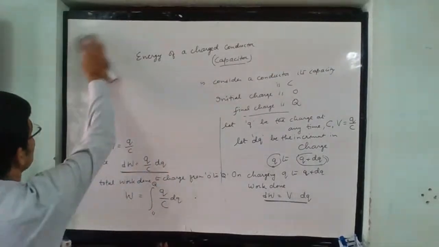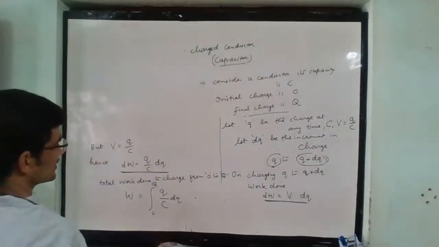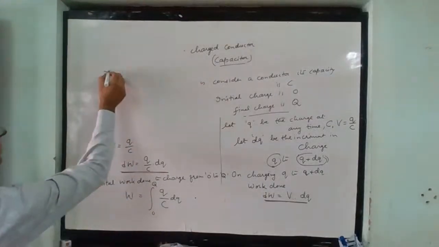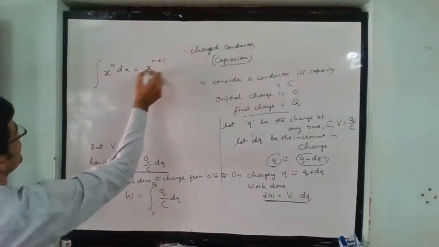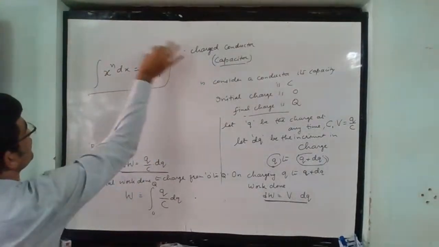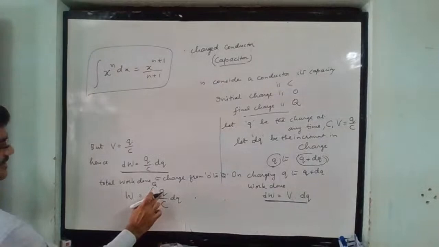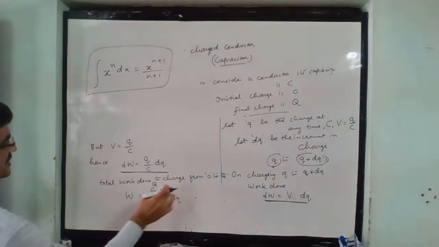I already told you that in integration, basically one formula is used, and that formula is the one most used on integration. So we use this formula. Here the power is 1 plus 1.